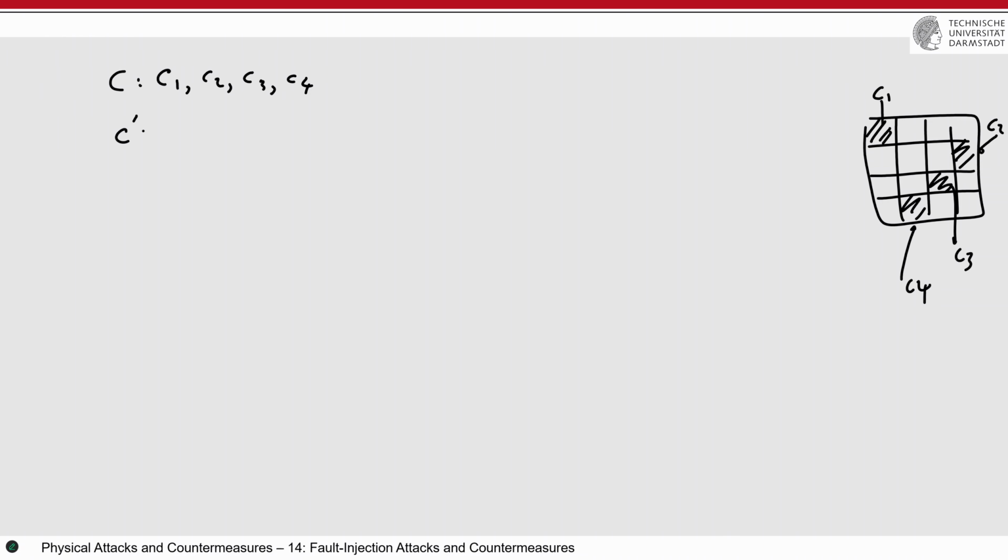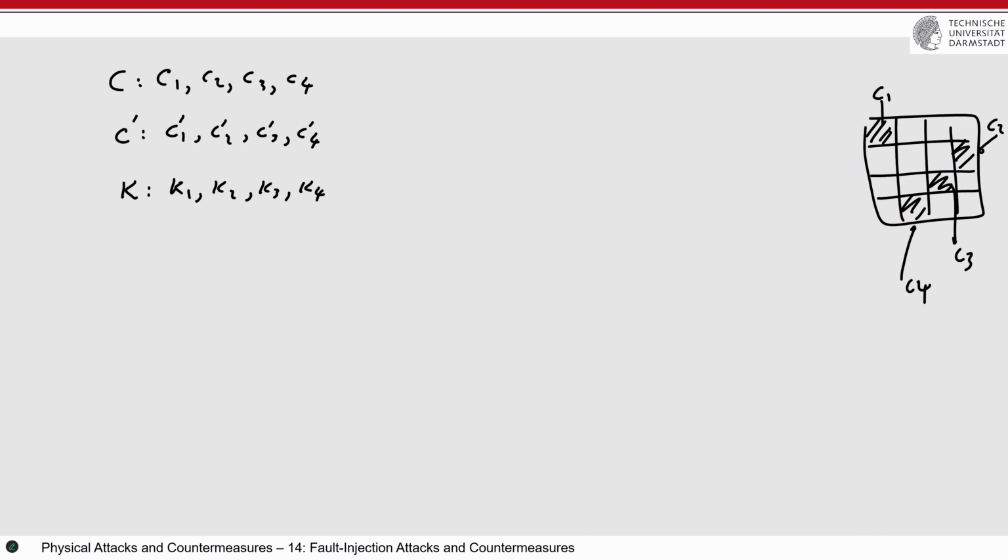Then C prime, we also model as C prime 1, C prime 2, C prime 3, and C prime 4. We don't need the delta between them. But what we do, we guess the key. And key is K1, K2, K3, and K4. Keep in your mind, they are the key bytes at the last round of the cipher, corresponding to these indices. Here, here, here, and here.